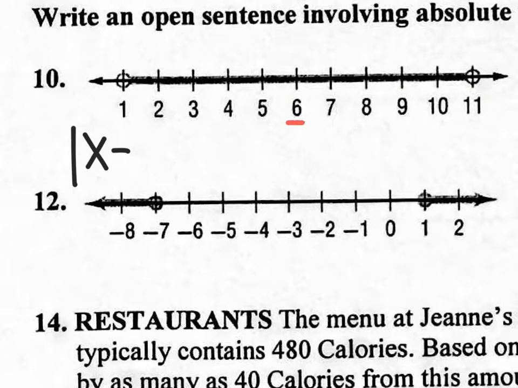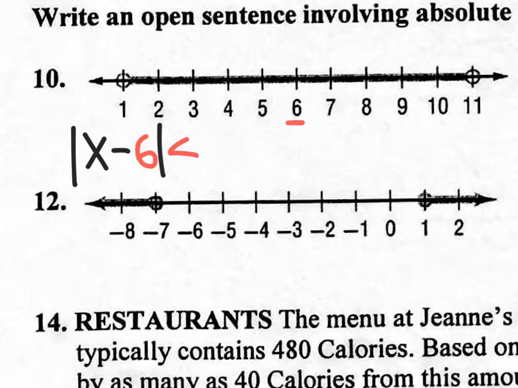So 6 is our midpoint value. So we're going to put the absolute value of x minus 6. Close the absolute value. Now, again, is this area with the "or" or with the "and"? And, which means less than, not greater. I hope you guys get that. Yeah? So the "or" is apart. This is not greater than because it's not going apart. This is less than. So let's put a less than symbol right there.